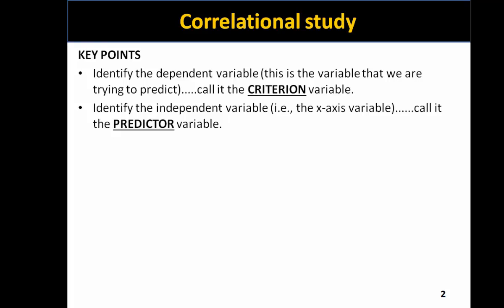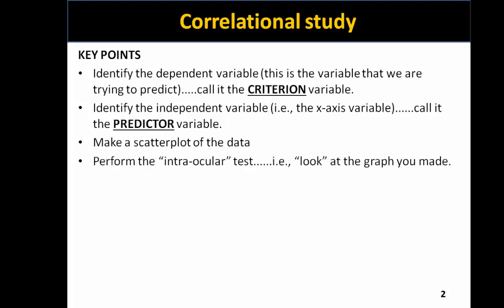The variable listed along the x-axis, typically referred to as the independent variable, is now referred to as the predictor variable. So once these two axes have been identified, the very first step before we get to any computations is to make a scatter plot of the data, and then we perform what's sometimes referred to as the intraocular test.